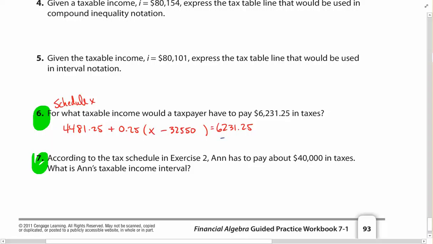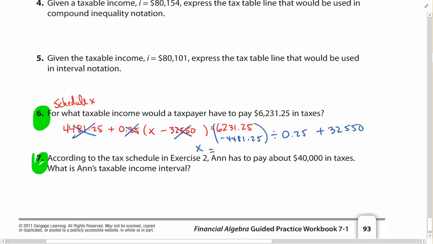By subtracting 4,481.25, I can make that disappear from the left-hand side. And then dividing by 0.25, I can make that number disappear from the left-hand side. And then ultimately add to that the $32,550. That'll make that number disappear from that side.